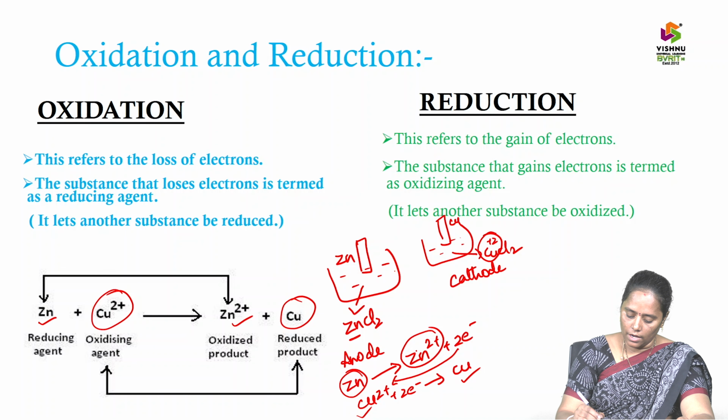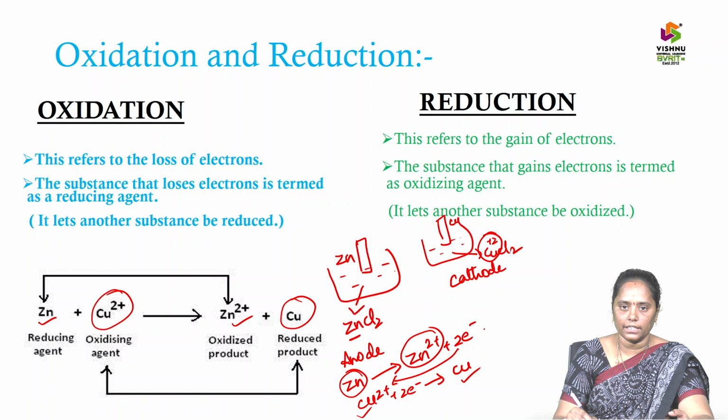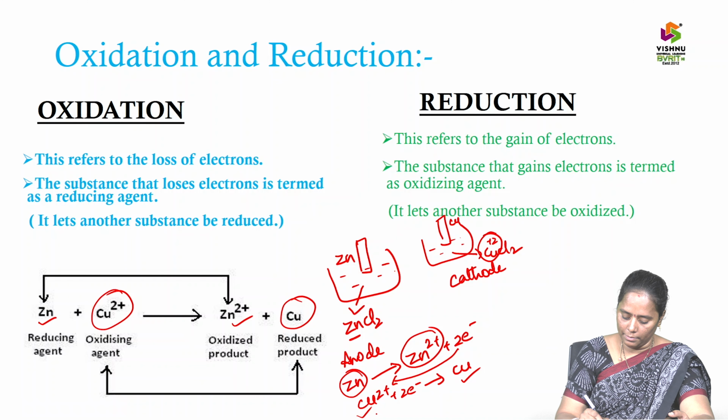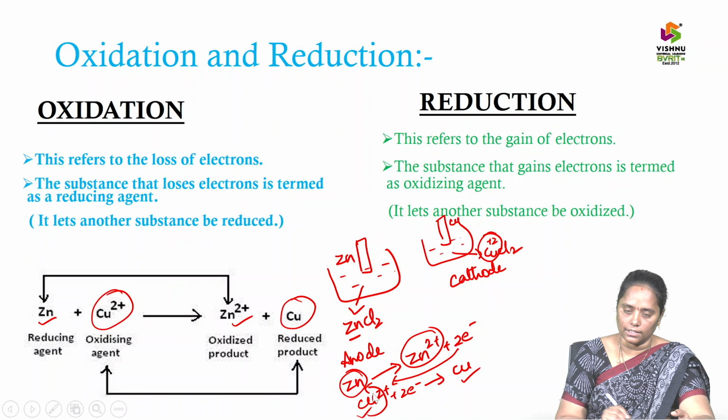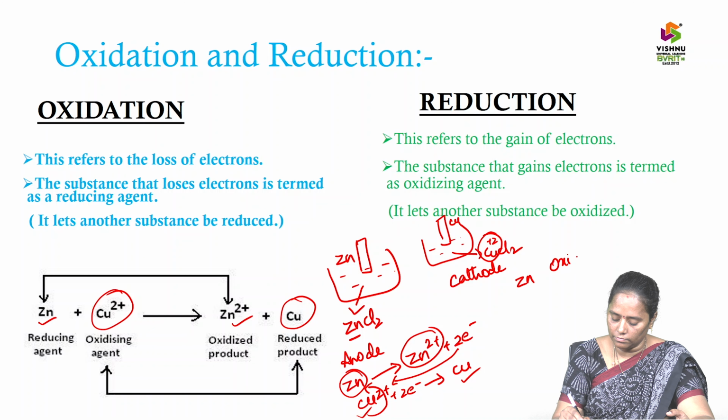Now, as at zinc, oxidation takes place, it is the responsibility of zinc to reduce copper ions. Now the zinc is able to reduce the copper. Similarly, in presence of zinc, copper is taking up 2 electrons and undergoing reduction. It is able to oxidize zinc. So, zinc undergoes oxidation, copper undergoes reduction.